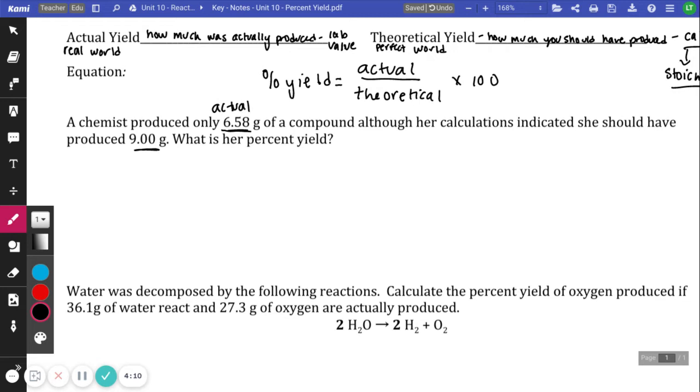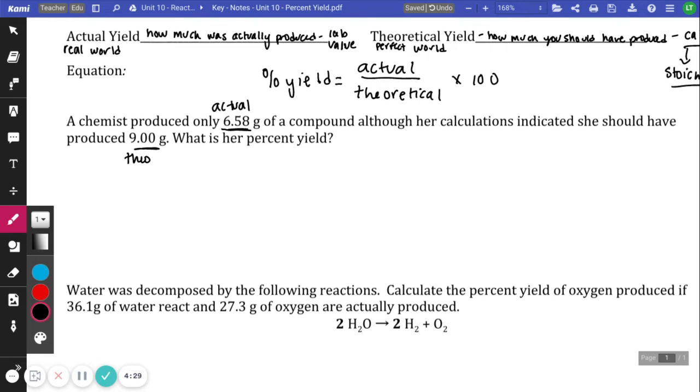The other one, 9 grams, is going to be our theoretical. It says calculations that she should have made this much. That kind of clues us in: should have made or should have produced would be our theoretical.